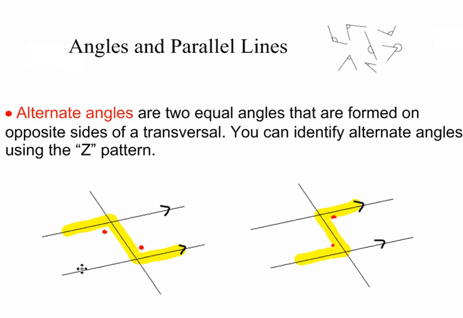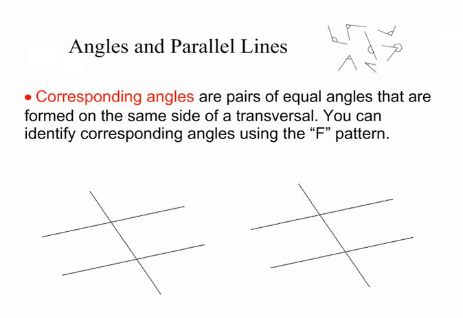So the next type of special angle that's created is called a corresponding angle. And corresponding angles are on the same side of the transversal. So again, if your parallel lines are denoted by the arrows, this one you're looking for the letter F. What you're looking for is for the stem of the F to be the transversal, and then the two little pieces that make the F are going to be the parallel lines.